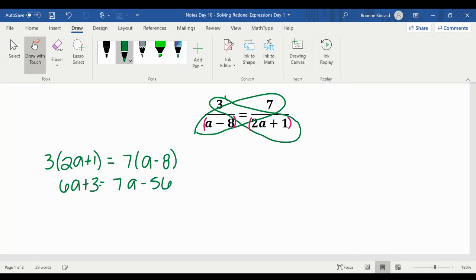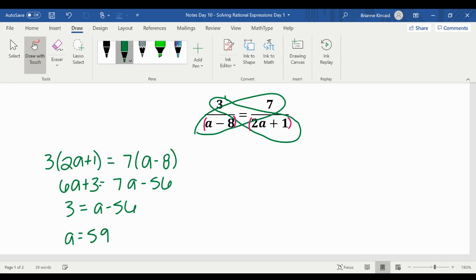I want to get all of my variables on one side, so I'm going to subtract 6a from both sides. So I'm going to be left with 3 on the left, and then 7a minus 6a, a minus 56. Last thing that I do is I add my 56 over, and I'm going to get a equals 59.